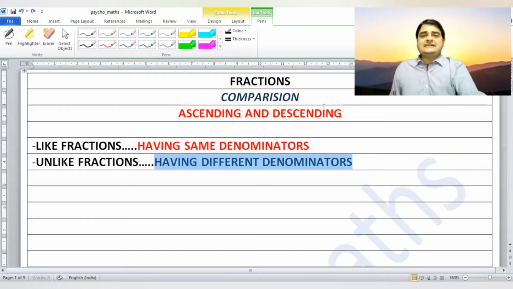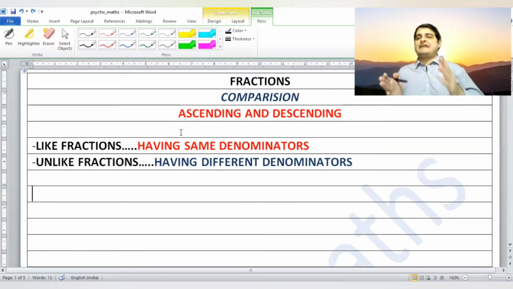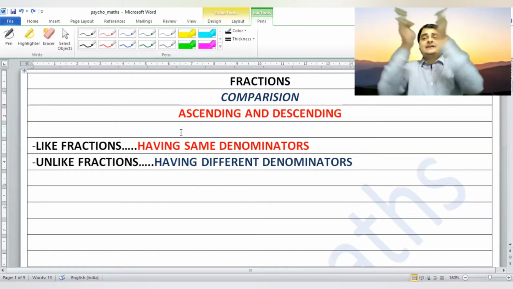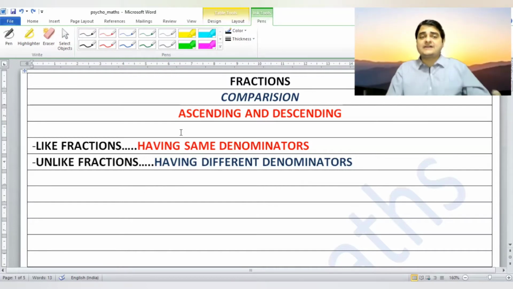This is the basic which we need to understand before we start with comparisons. I repeat, like fractions have the same denominators, and unlike fractions have different denominators. Just focus on the denominators, so it will be very easy for you to grasp the concept of fraction comparisons.